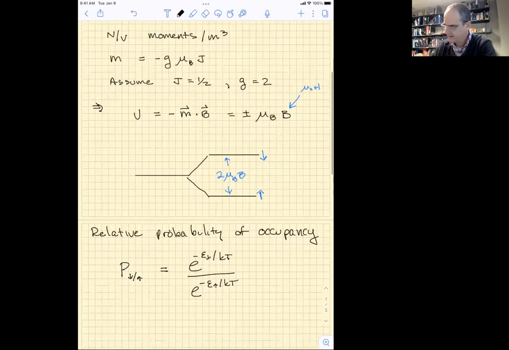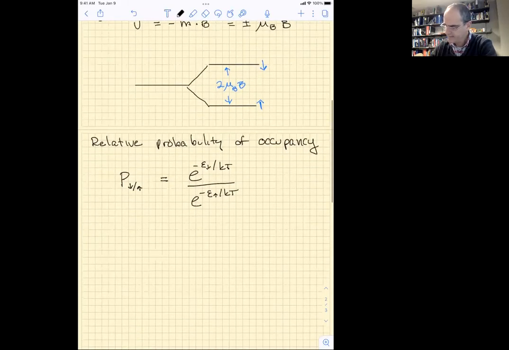Okay? And in this case, we can see that this relative probability would just work out to be e to the minus 2 mu_B B divided by kT. Okay? Very good.